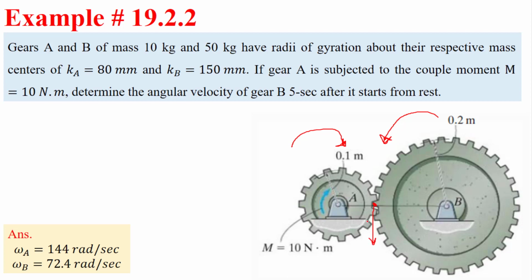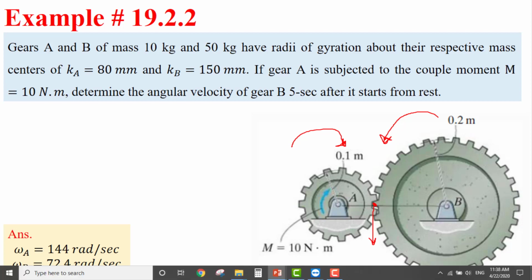Once there is contact between them, then we have a reaction force. We'll consider that whenever we start solving. We'll consider that we have a reaction point between these two gears because we have mesh.